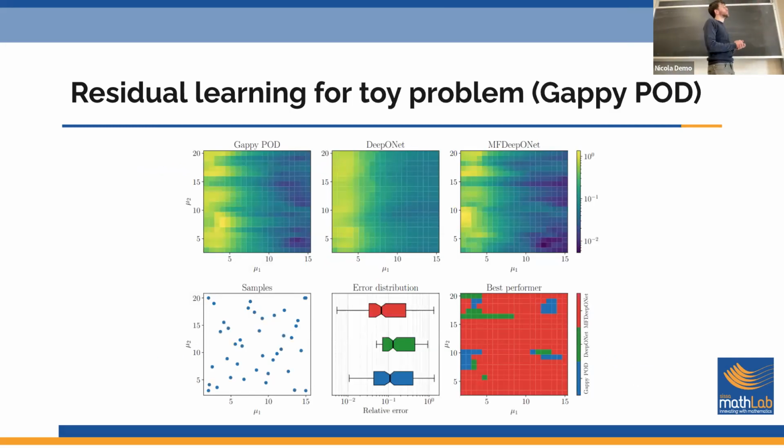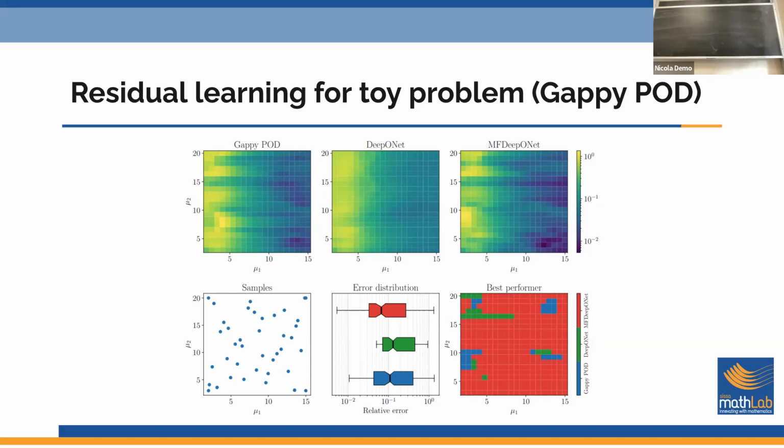Just a few plots to show you that things can work. So we tried, first of all, to see the difference using the GAPPY POD. Here we have a two-dimensional parameter. Basically, we tried to measure the relative error in all the domain using the standard GAPPY POD. So what if we don't use the residual learning addition?